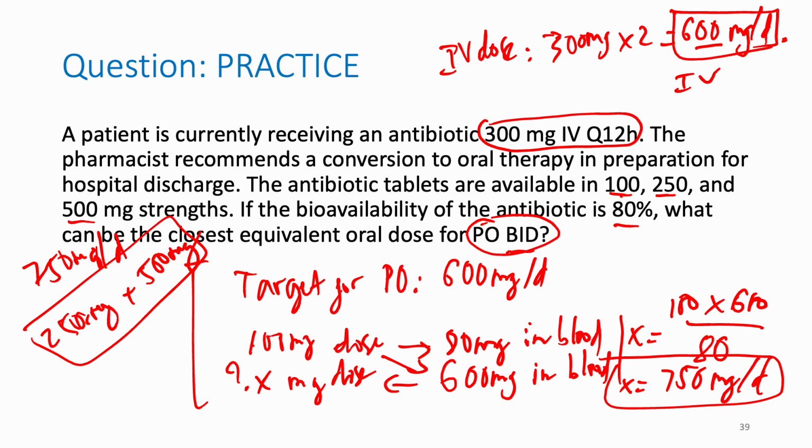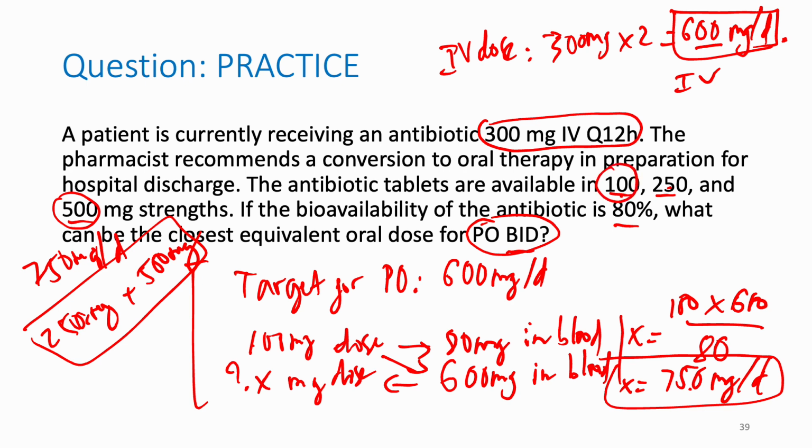So another choice, if you take 500 milligram 2 times a day, then you have 1000 milligram. So it will be more than 750 milligram. If you take 250 milligram 2 times per day, then you have 500 milligram, and it's below 750 milligram. So how about 100 milligram?